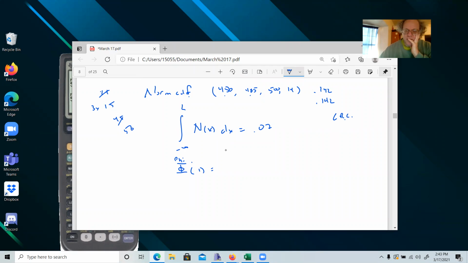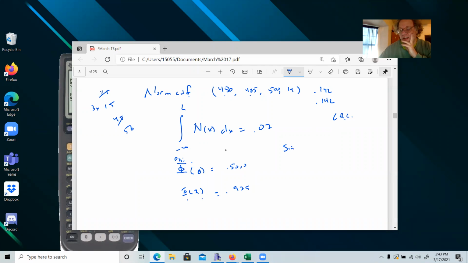If we put phi of 2, it's going to be 0.975. Now, notice that this looks a lot like a function.